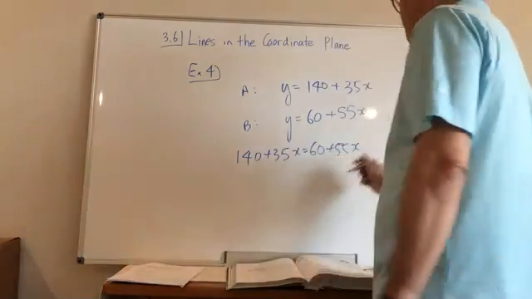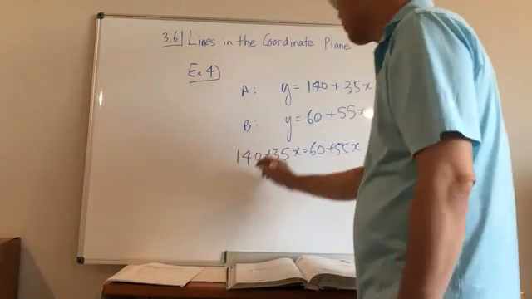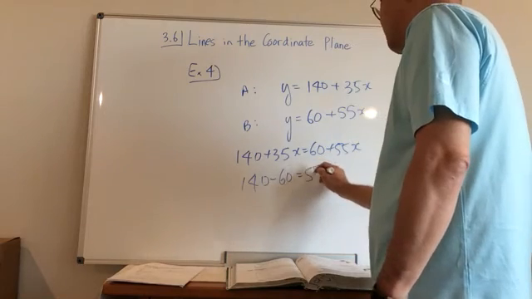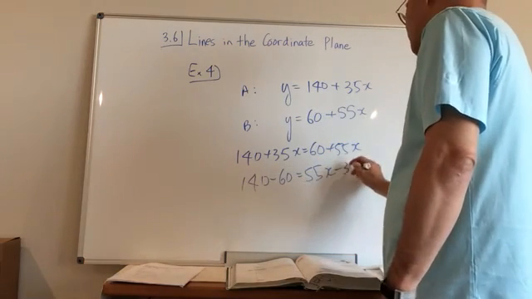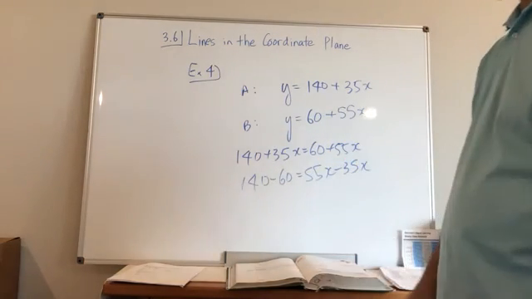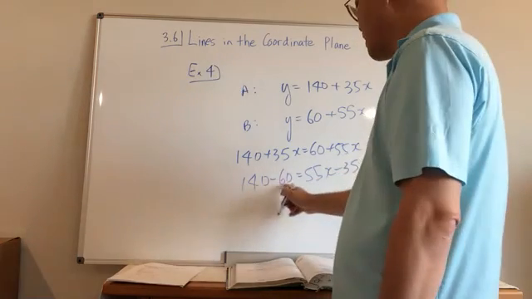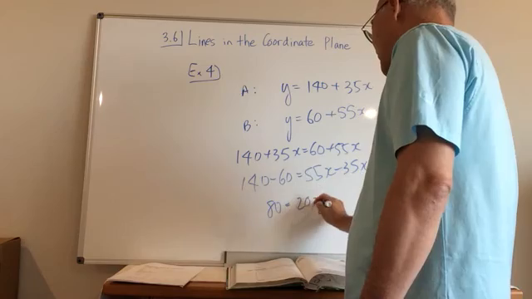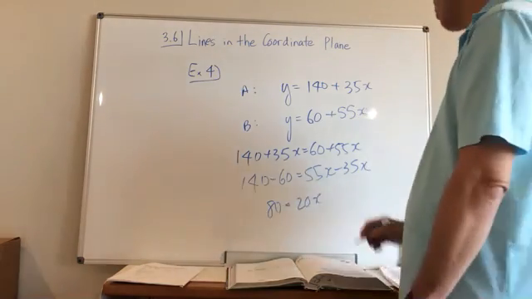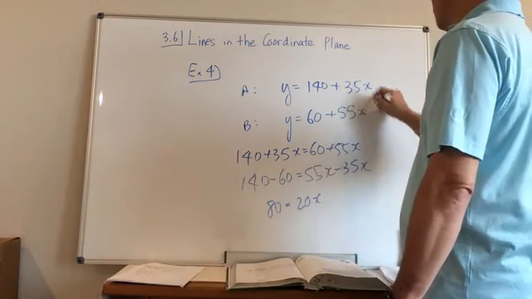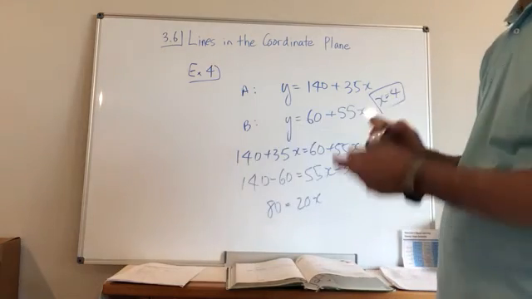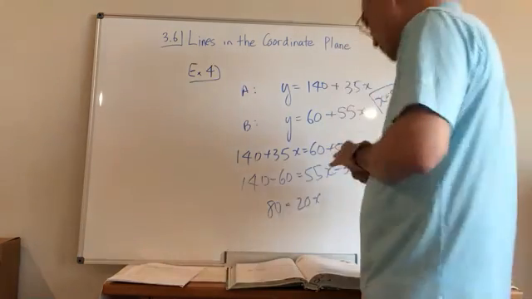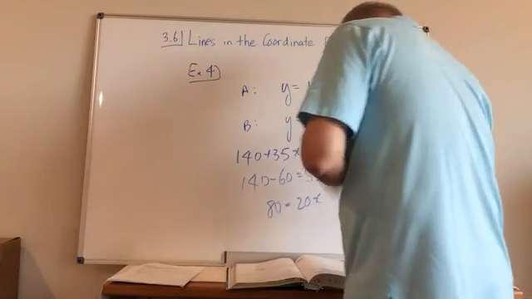Move the 35x over, and I'm going to move the 60 over there. 140 minus 60 is 55x minus 35x. 140 minus 60 is 80, and 55x minus 35x is 20x. Divide both sides by 20. x is equal to 4. So after 4 months, the total cost will be the same. All right? That's it.